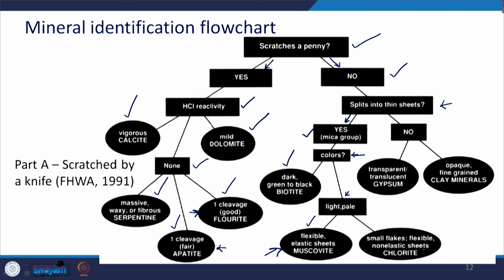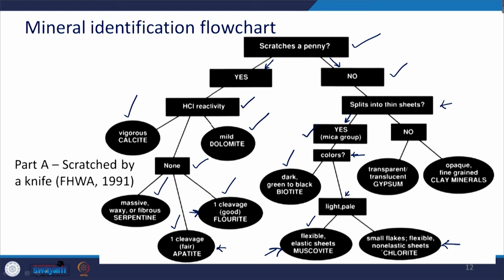But if these are small flakes, that means flexible and non-elastic sheets, then it is chlorite. So you see, in a sequence following this flow chart, you need to take one step at a time and take the decision for that particular step before going to the next one.